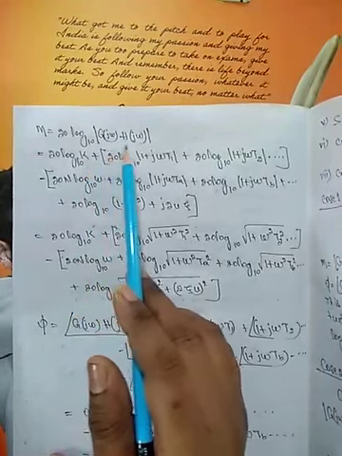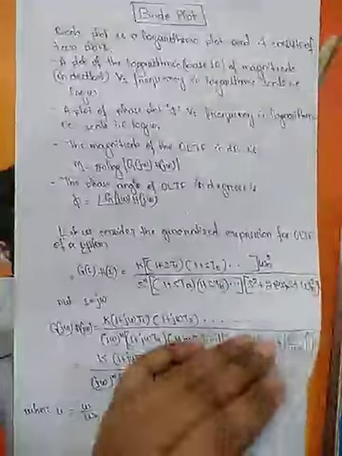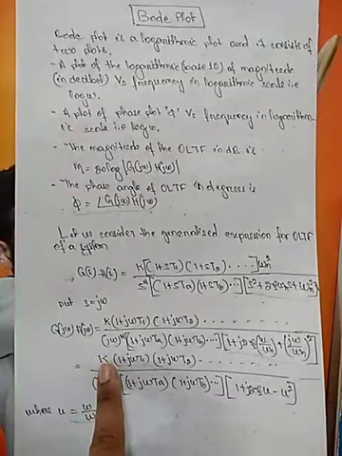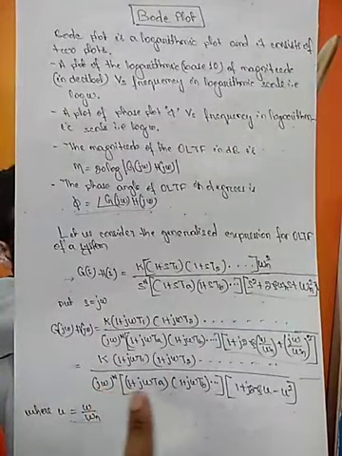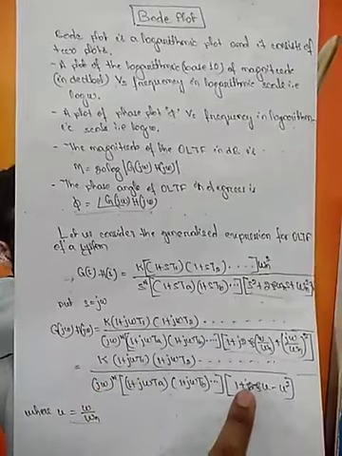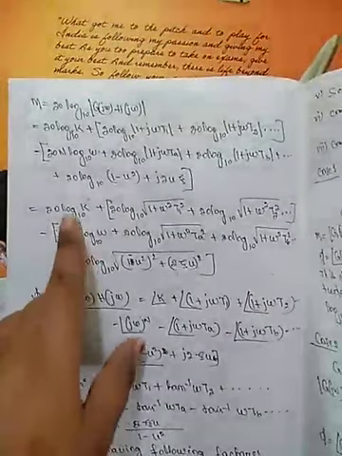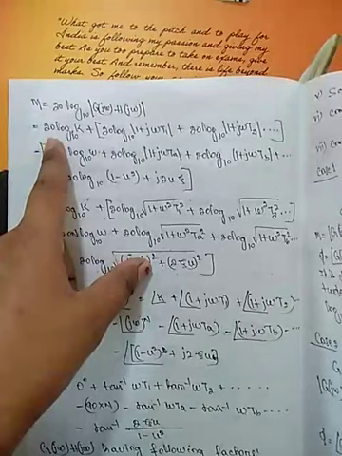So this G of j omega, you keep in mind it consists of again K, simple zero, pole at origin, simple pole, pair of complex conjugate poles.